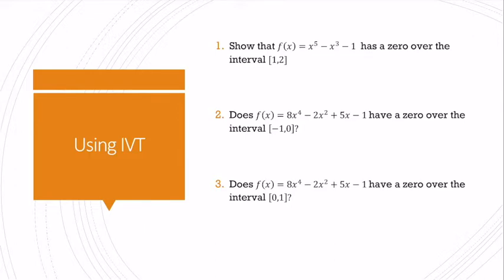The first thing I want to do for problem 1 is show that f of x equals x to the 5th minus x cubed minus 1 has a 0 over the interval 1, 2. So I'm going to take f of 1 and f of 2, and if they have opposite signs, there is a 0.